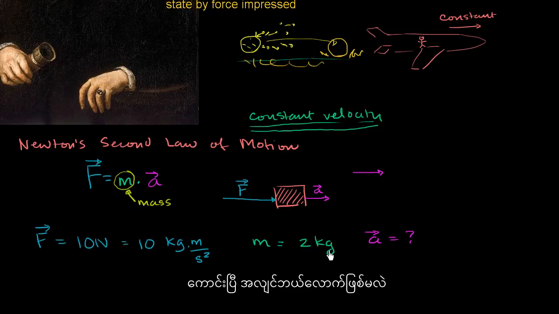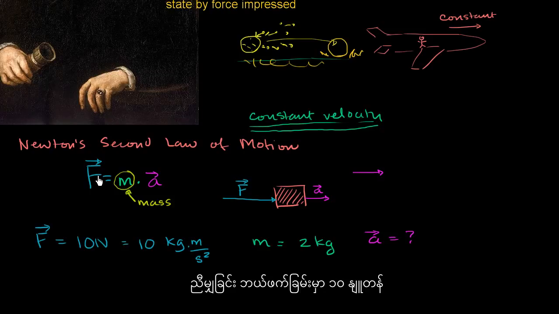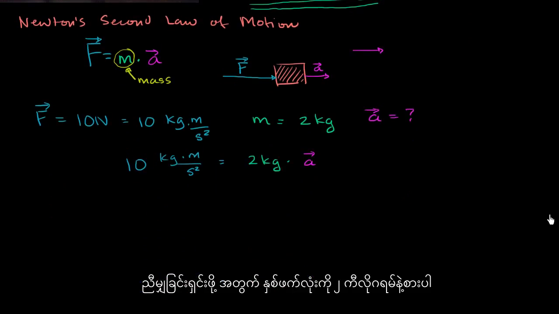So what would be the acceleration? Well, we just use F equals ma. You have, on the left-hand side, 10. I could write 10 newtons here, or I could write 10 kilogram meters per second squared. And that is going to be equal to the mass, which is 2 kilograms, times the acceleration. And then to solve for the acceleration, you just divide both sides by 2 kilograms.